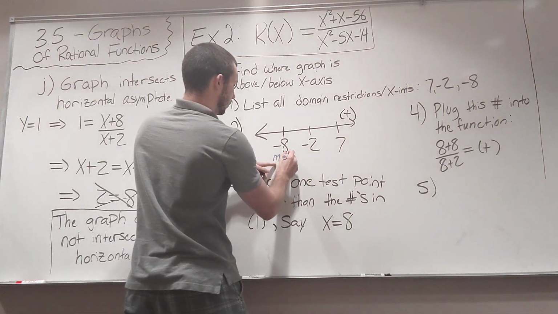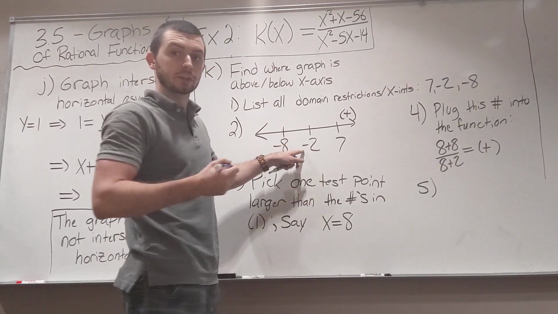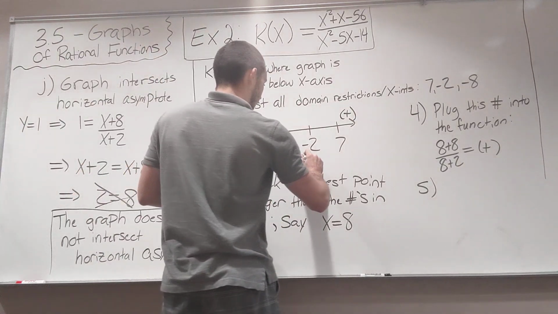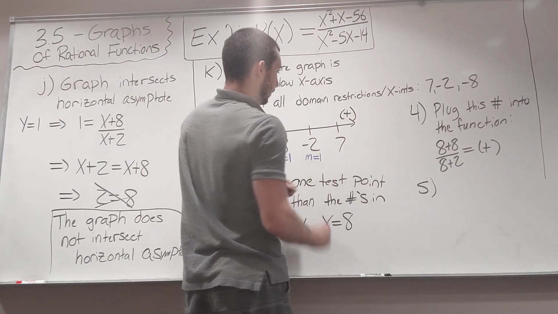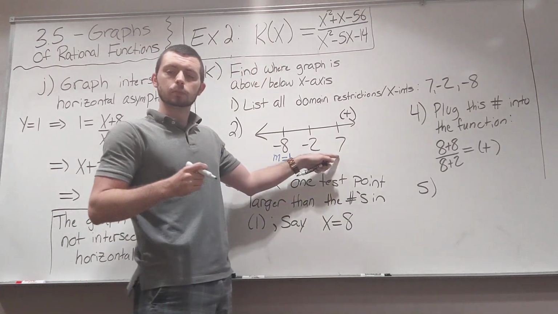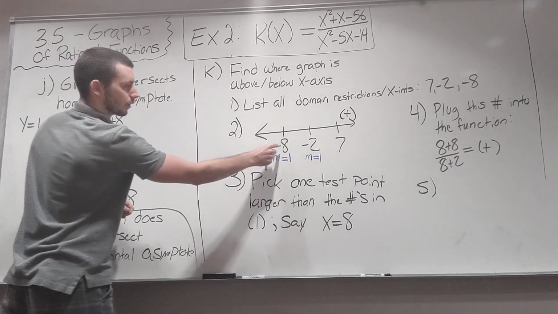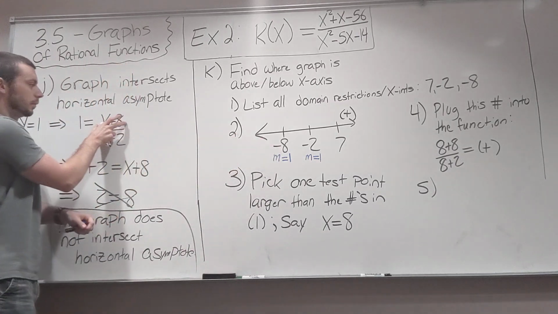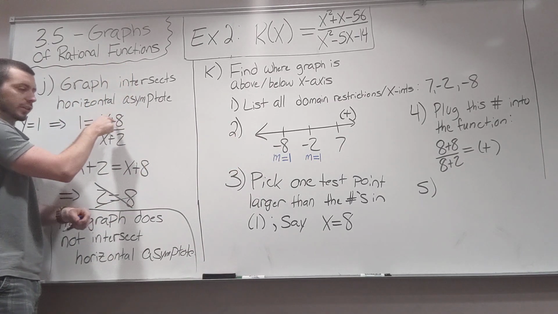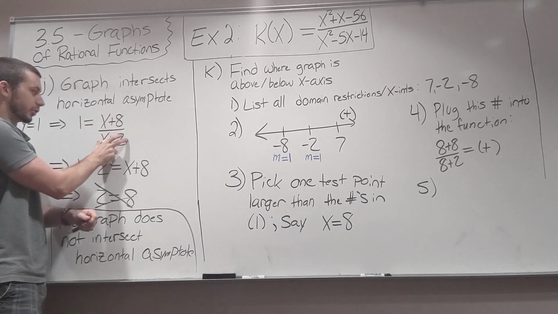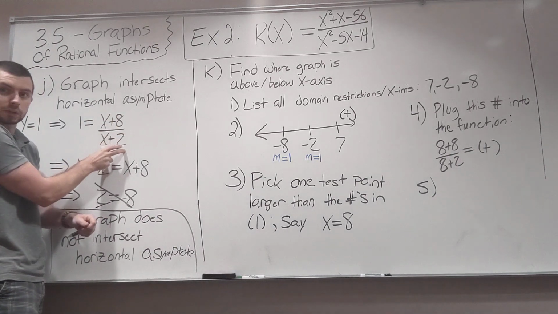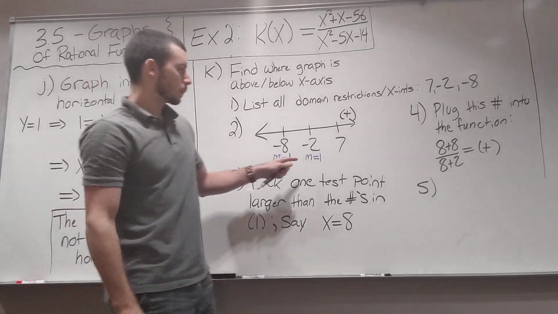It was 1. And for -2, the multiplicity was 1. And again, this is coming from the fact that the factor for -8 only has an exponent of 1. The factor for -2 comes from here, which has an exponent of 1.